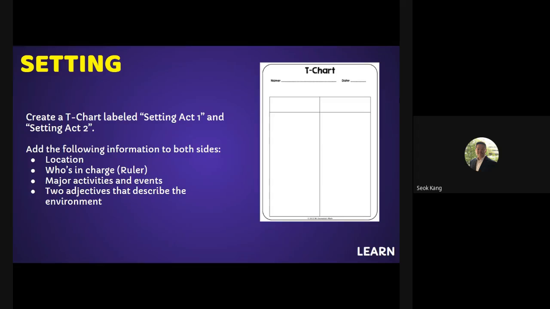Okay? What is the major event or conflict that is happening in Act 2? I know there's a couple. Just choose one that you think is the main one.